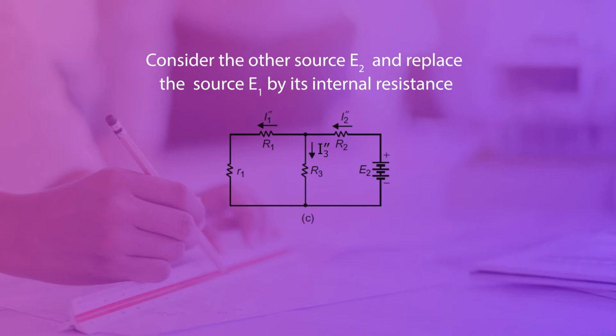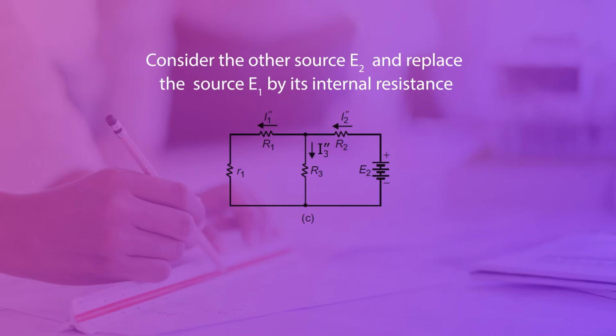Now determine the currents in various sections as I1 double dash in the branch having resistance R1, I2 double dash flowing in resistance R2, and I3 double dash flowing through resistance R3. Now you have calculated the currents I1 dash, I1 double dash, I2 dash, I2 double dash, I3 dash and I3 double dash.